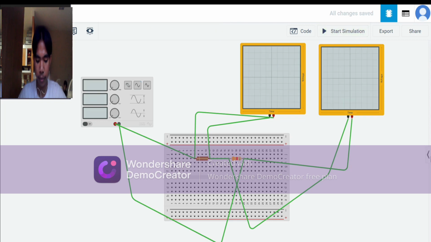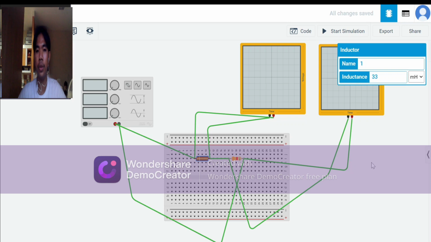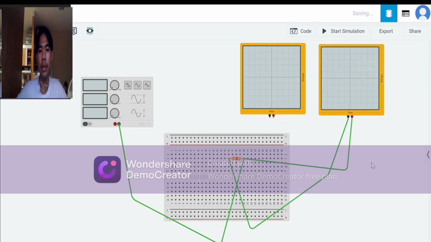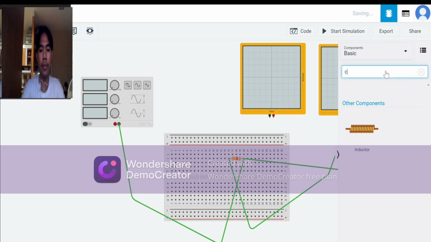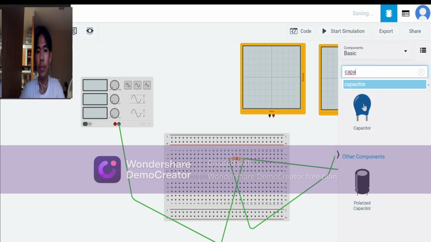Stop simulating. This time we need capacitor and resistor. I'm going to delete inductor and I'm going to add in the capacitor. No, wait, we have to connect this first.